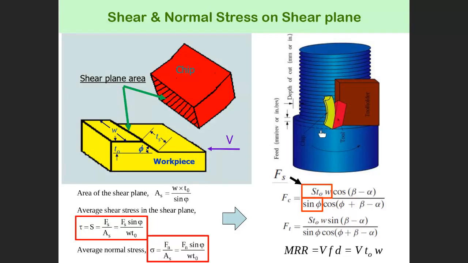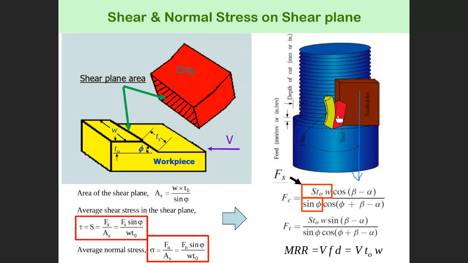This is the t0, the uncut chip thickness, or millimeter per revolution, because the tool will cut this in one revolution, then shift to cut another t0 in the next revolution. So t0 is the uncut chip thickness, or the tool feed rate. Why? Because the tool feeds in this direction.